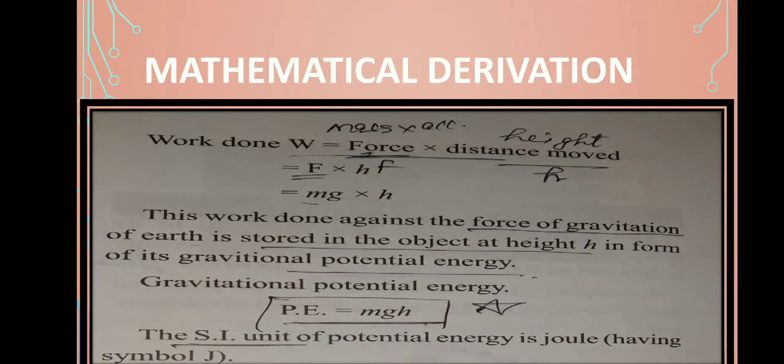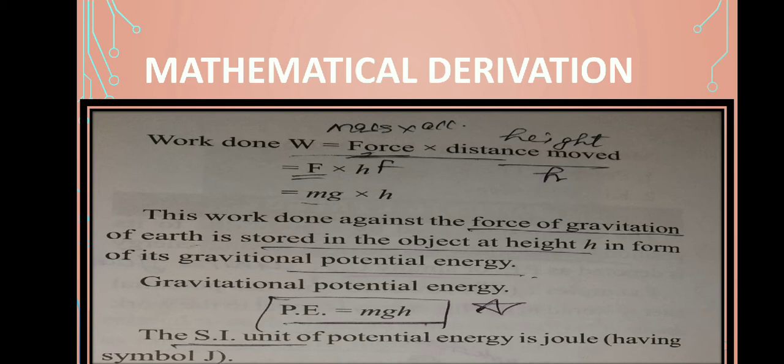So force here is equal to mass into acceleration due to gravity, and the distance covered here is the height of the object h. So work done against the force of gravitation of earth is stored in the object at height h in the form of its gravitational potential energy. So potential energy here will be equal to mgh.